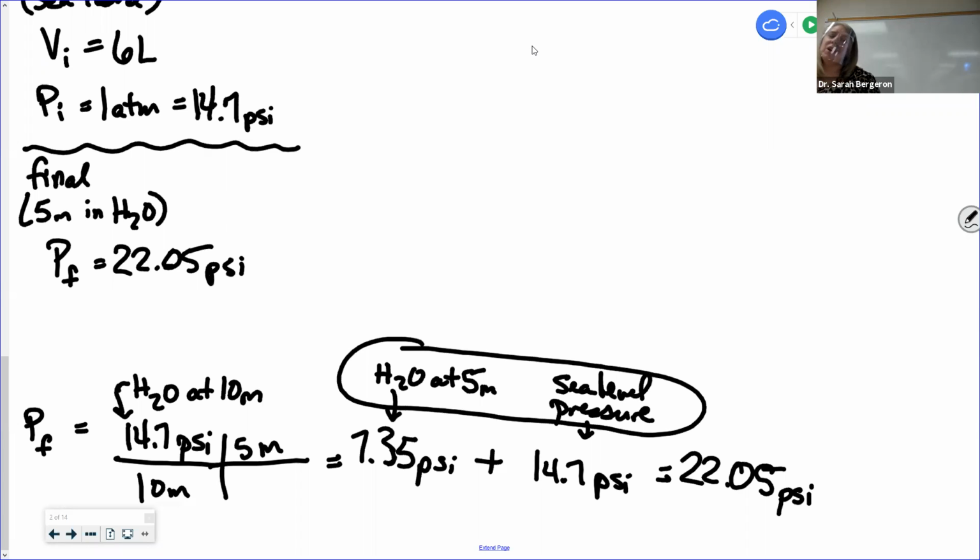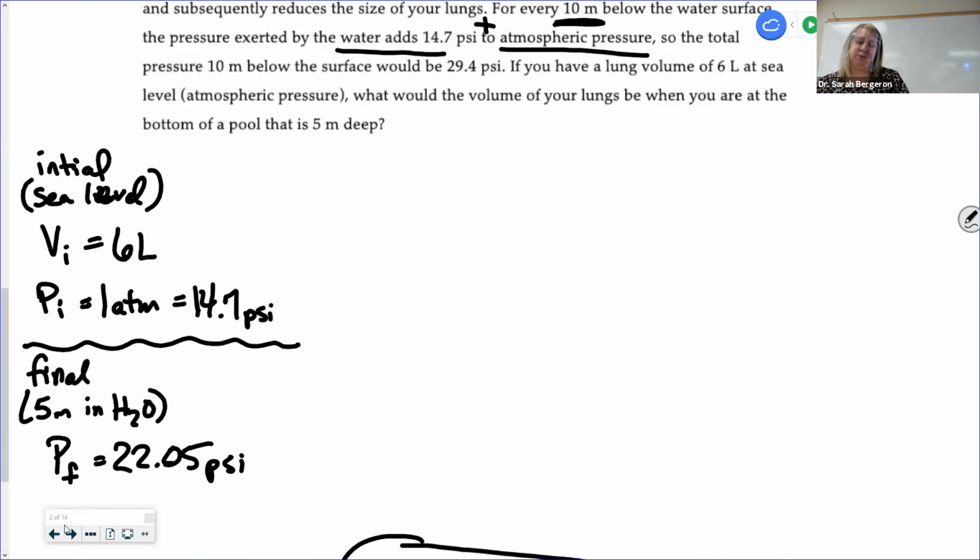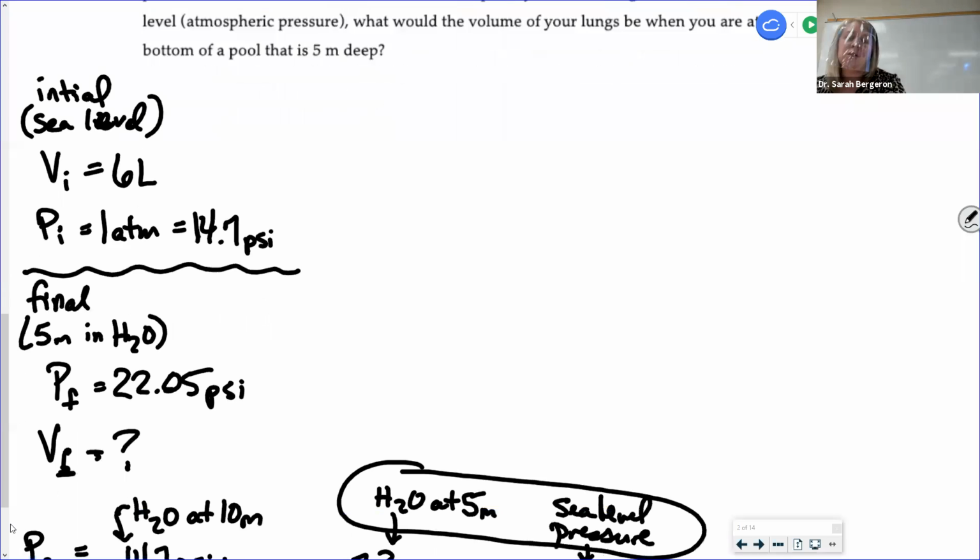Now, what else do we know or are trying to find out? Do you see in the question, what would the volume be of your lungs, right? So our volume final is our unknown. Once you get close to the bottom of this, it gets crazy drawing.